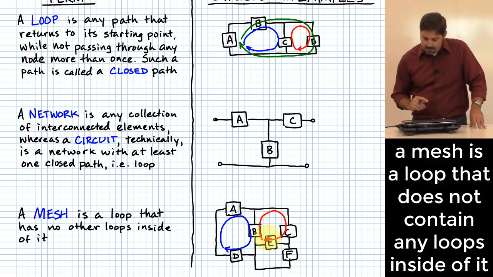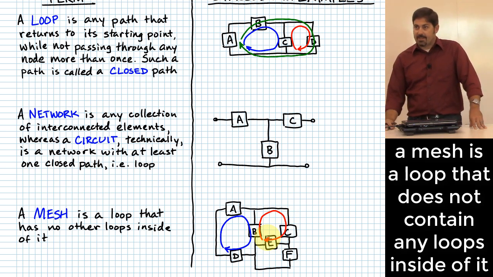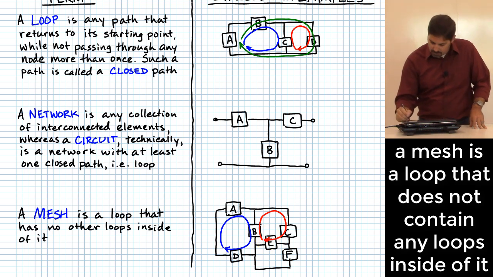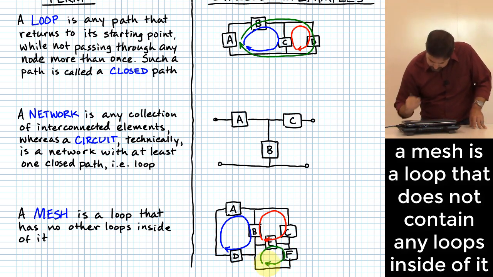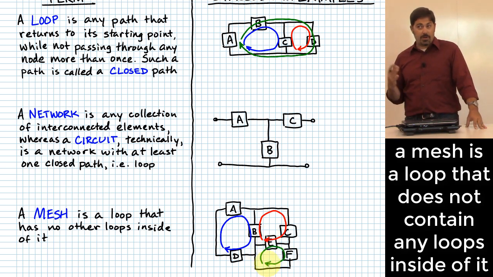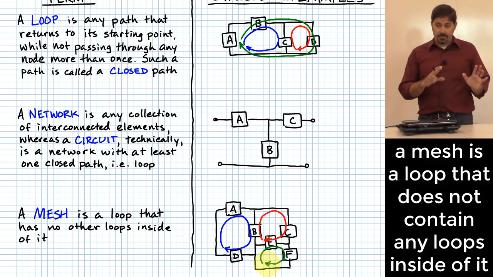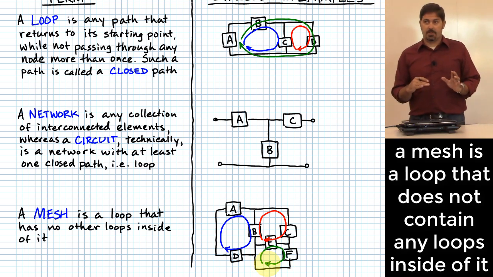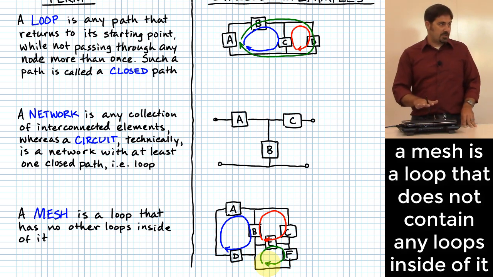If a loop was identified like that, that would be a mesh, right? What else? Another one right there. Now, are there any other loops in that bottom circuit? There's plenty of other loops, but those are the only meshes in that circuit. Okay, does that make sense?